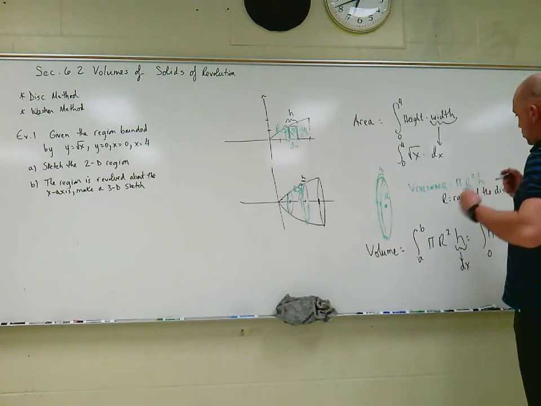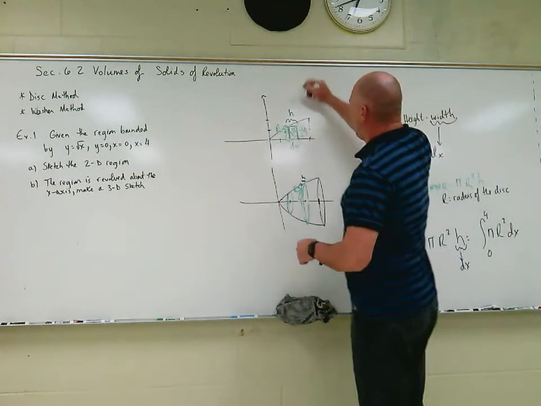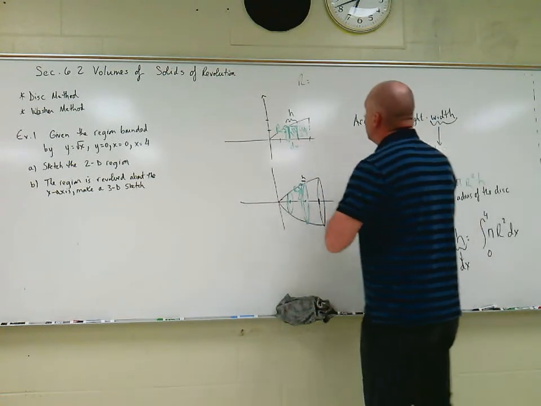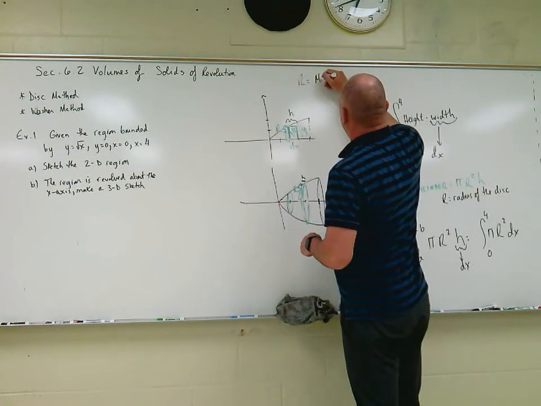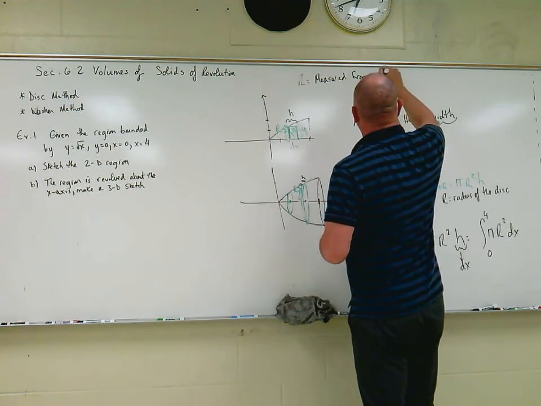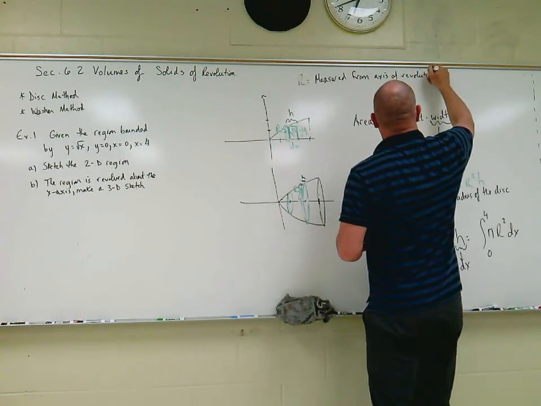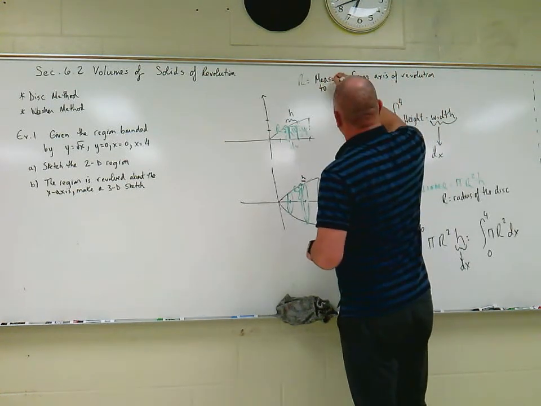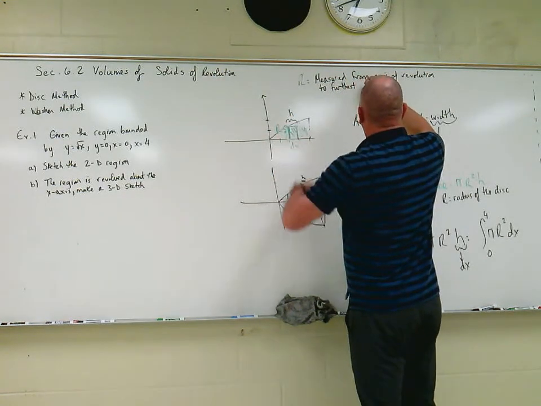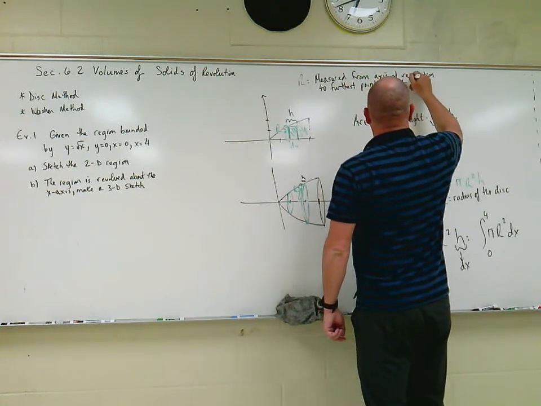Just to make sure that we're clear on this, when I'm measuring my radius, it's measured from the axis of revolution to the furthest point of the rectangle, or furthest edge.